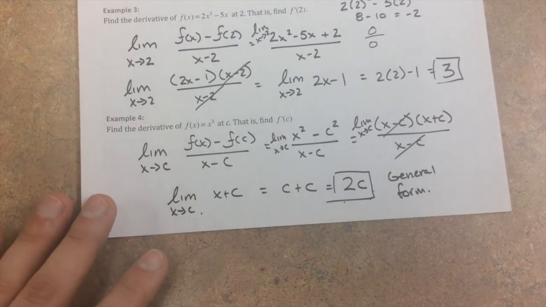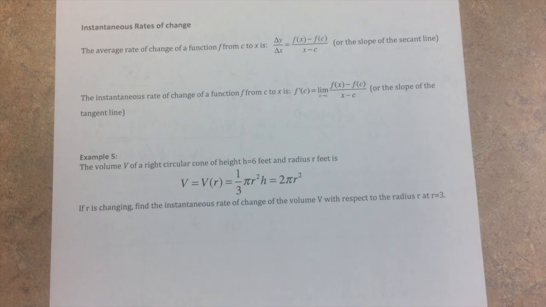So let's flip over to the last page. So the last problem for pre-calculus for this year is we're introducing instantaneous rates of change, which is the exact same thing as the derivative, which is the exact same thing as what we've been doing. Only instantaneous rates of change show up all over in science classes, especially physics and chemistry.